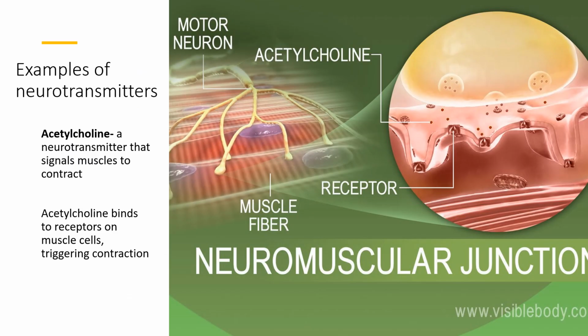Now let's talk about some examples of neurotransmitters and what they do. We just talked about what happens when a muscle is triggered to contract, but we didn't talk about what initiates that contraction. The skeletal muscles are innervated with motor neurons. When you decide to move your hand, your interneurons send signals to your motor neurons.